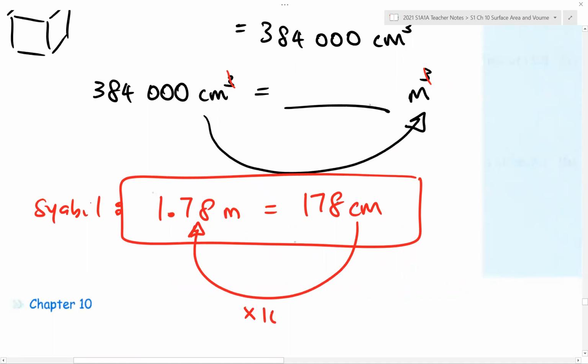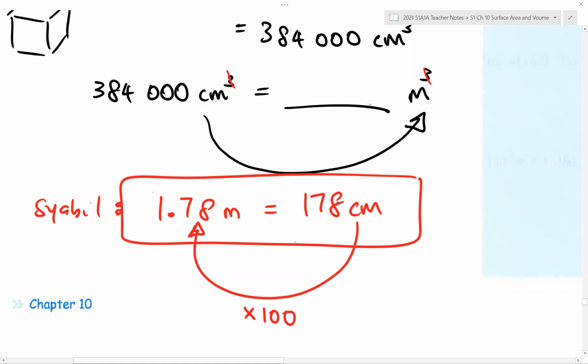Take out your calculator now. Press 178 times 100. Have you finished pressing 178 times 100? Oh, is it correct? No, it's not correct, right? Okay, so what should we change?